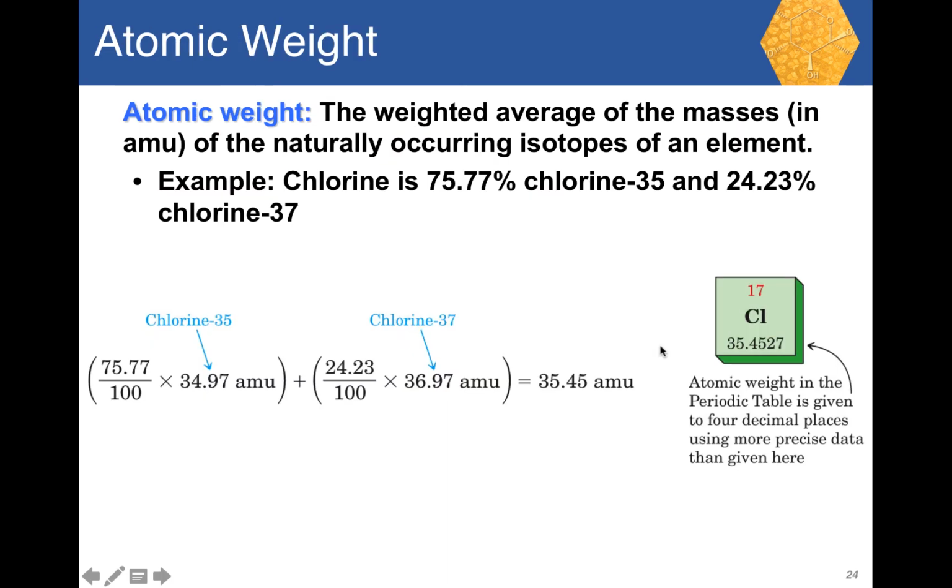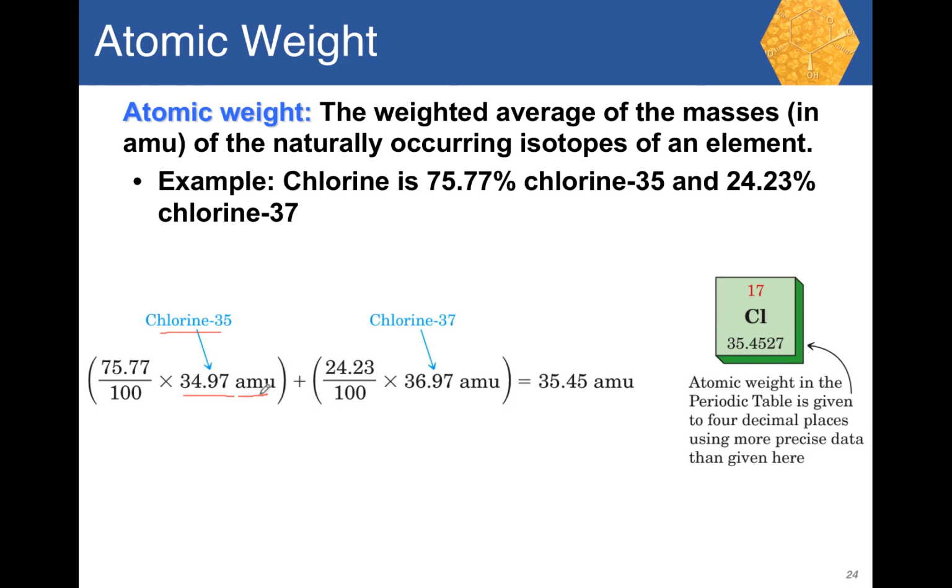Let us see the relevance to the periodic table. Because the periodic table shows the composition of this mixture of isotopes, what is done here is we have chlorine 35 at 75.77%, and its weight is 34.97 AMUs.